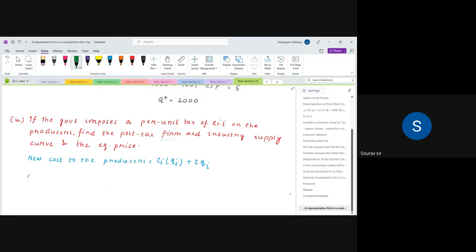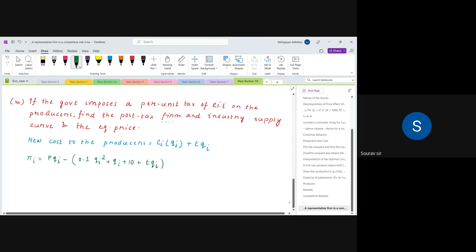The process will be the same. I will write down the profit expression and maximize it: P Q_i minus 0.1 Q_i squared plus Q_i plus 10 plus T times Q_i. And you will differentiate this with respect to Q_i and set it equal to 0.